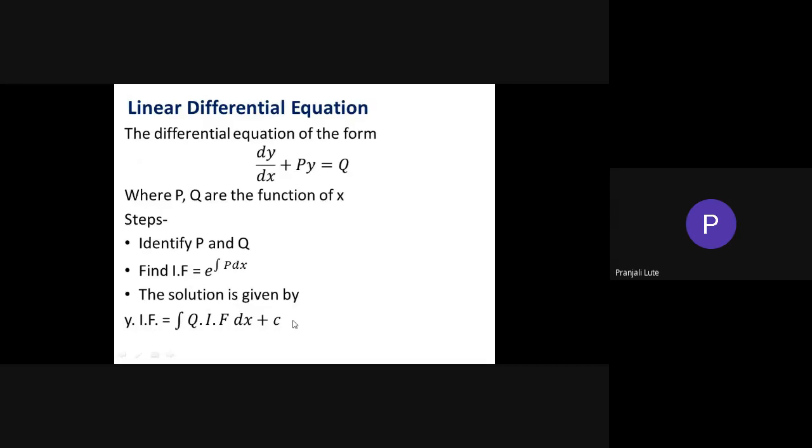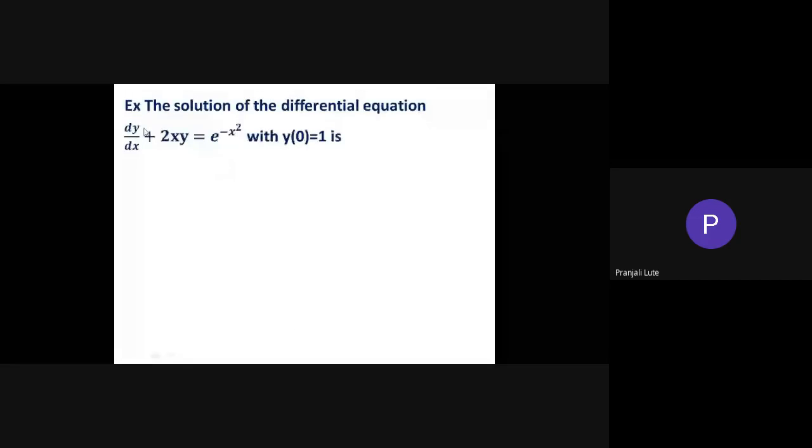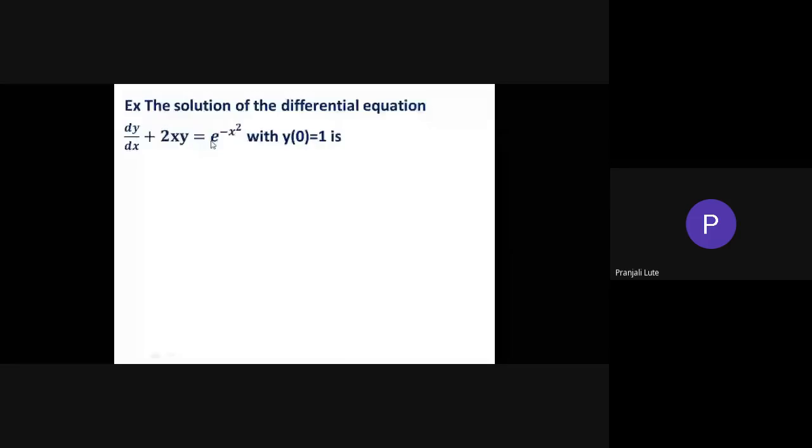So we take one example on linear differential equation. Here, the solution of the differential equation. See here, dy by dx plus 2xy equal to e to the power minus x square. I already told you the differential equation is in the form dy by dx plus Py equal to Q, and P and Q are always in terms of x.